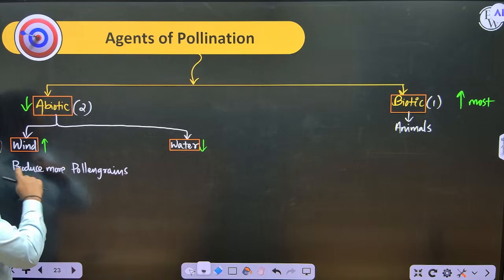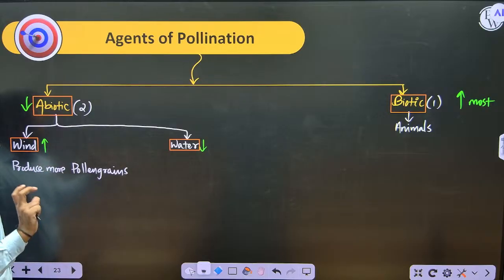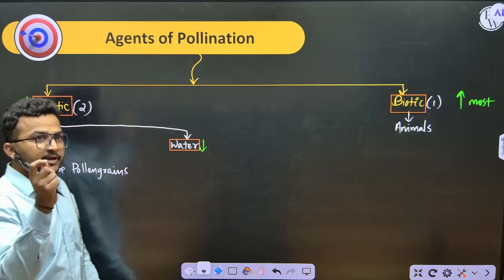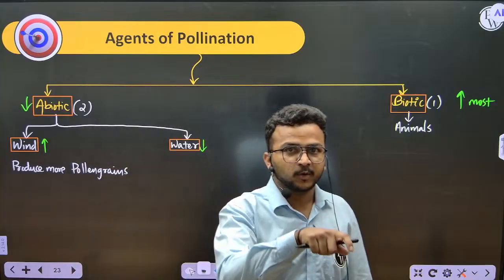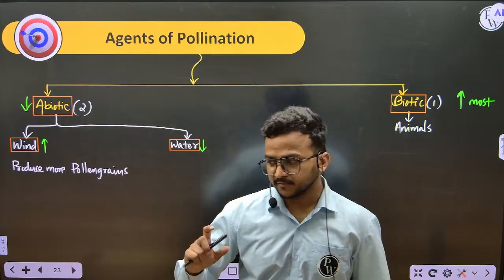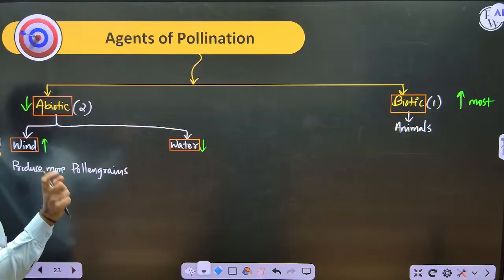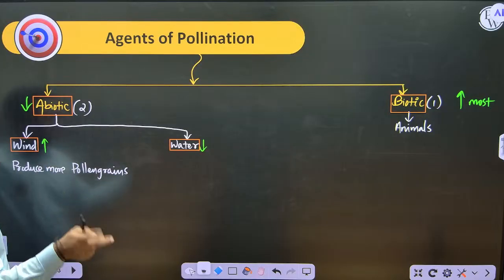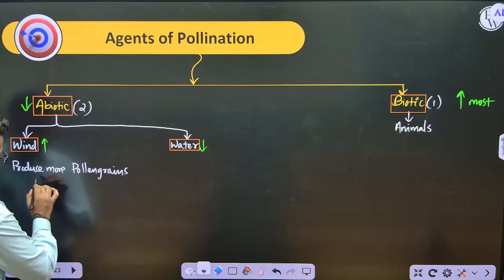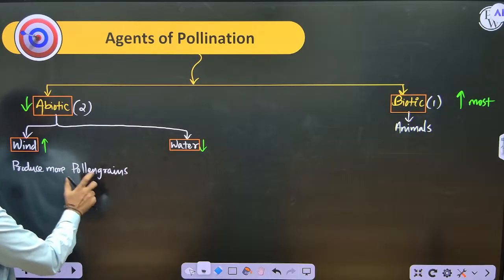They will give this as the assertion, and as the reasoning they will say that the chance of the male gamete combining with the female flower, that is, the chance of pollination, is less. In that case both are true and the reason explains the assertion. So it is important to note that they produce more pollen grains because the chance of pollination is less.